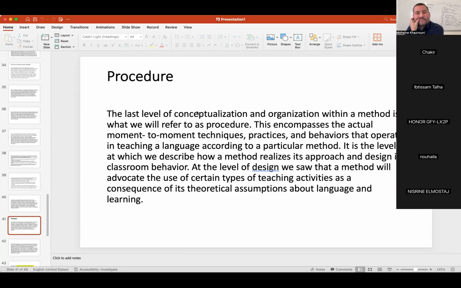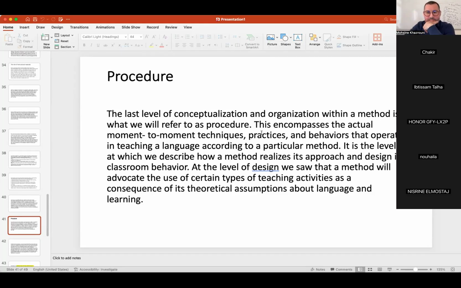According to the handouts. Yeah, because this slide is from the handout, yes. Okay, wait. Can I have some time? You can look at the slide only, Nohaila. Just have a look at the slide and try.